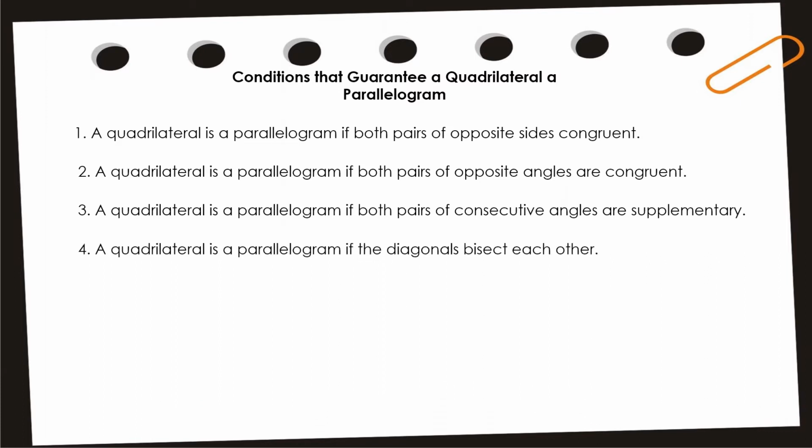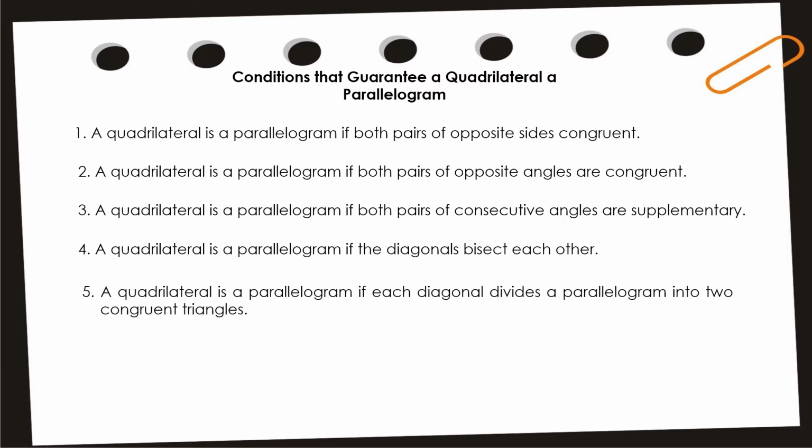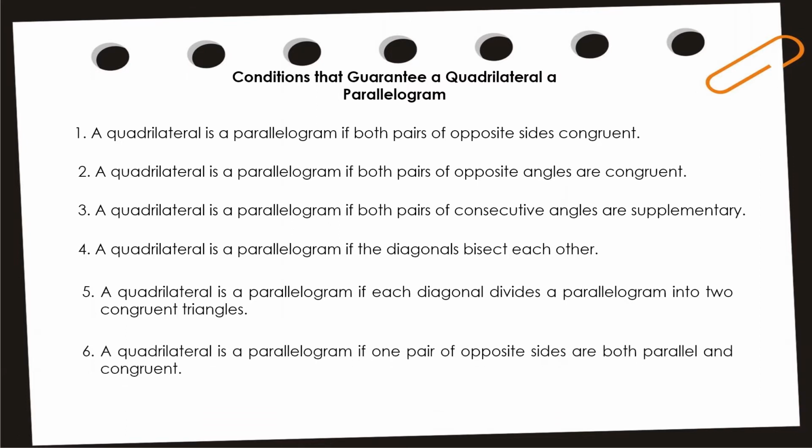Next, if the diagonals bisect each other. Next, if each diagonal divides a parallelogram into two congruent triangles. And last one, if one pair of opposite sides are both parallel and congruent.